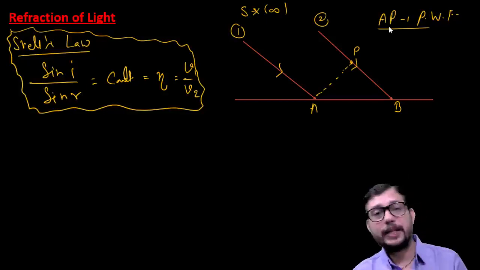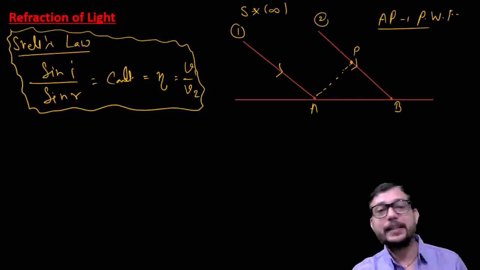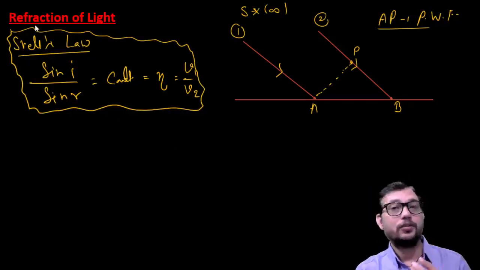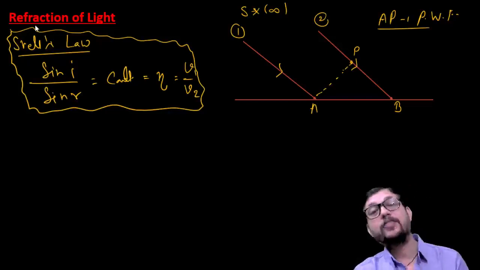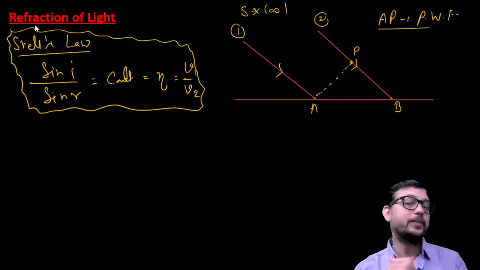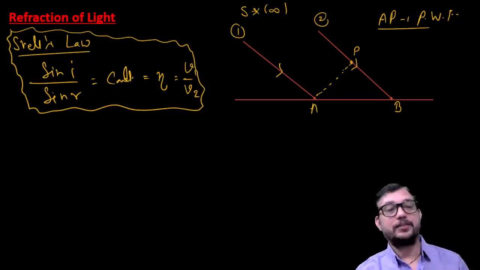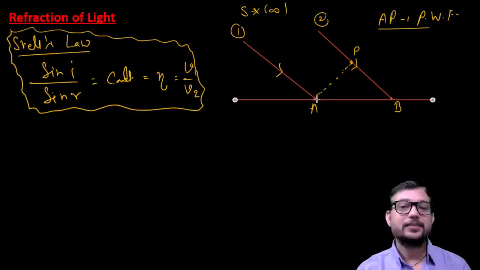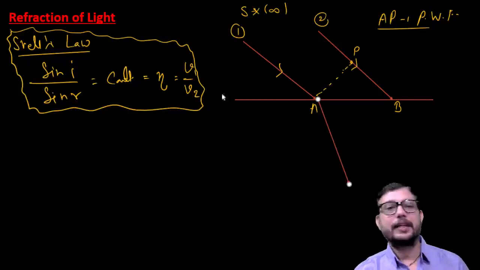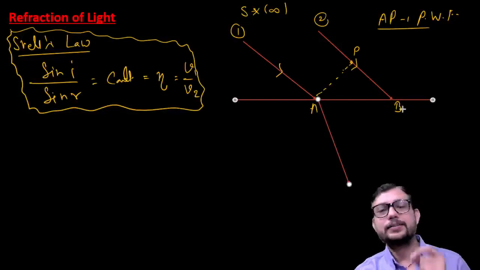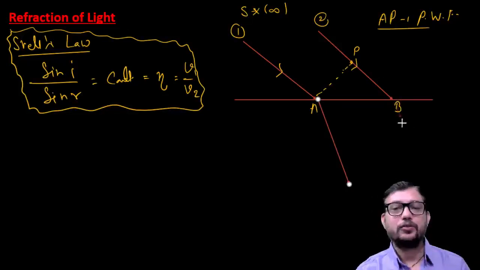Now, in this case the light will move from one medium to another. It means we can draw the diagram like this. The ray will be bent like this, and the second ray will also be bent like this.